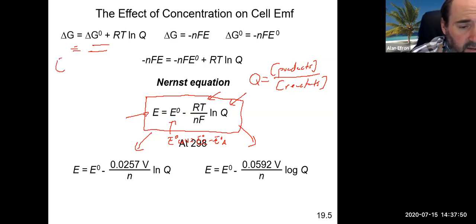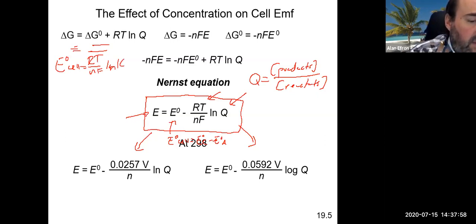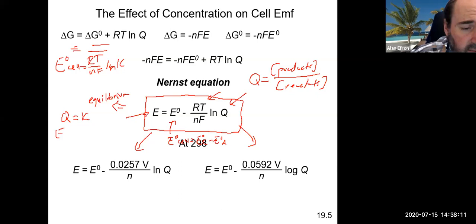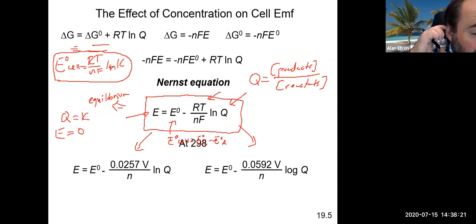If you remember, we had E of the cell is equal to RT over NF natural log of K. That is because when we get to equilibrium, Q becomes K and E would equal 0, so if you substitute those into the Nernst equation, that is where the equation we just used actually came from.